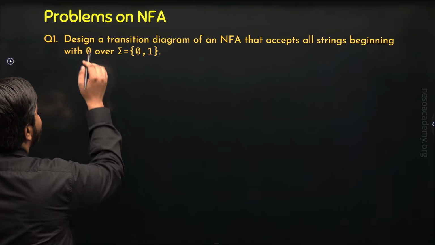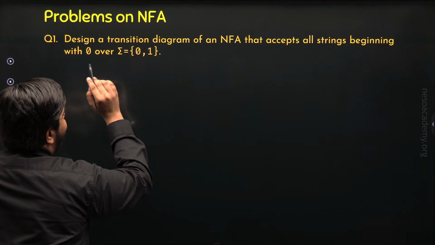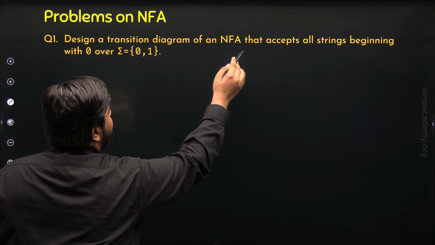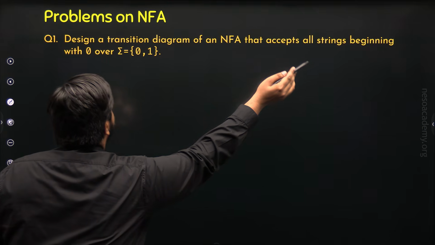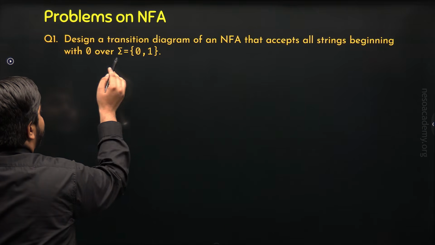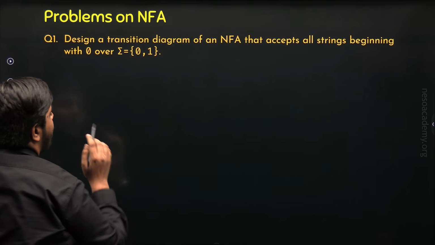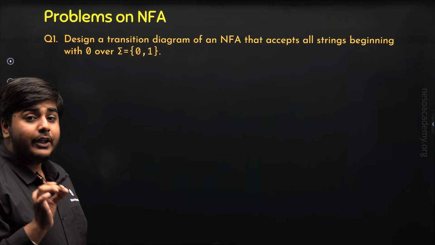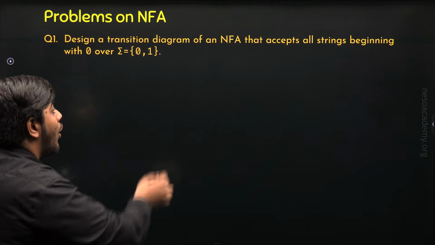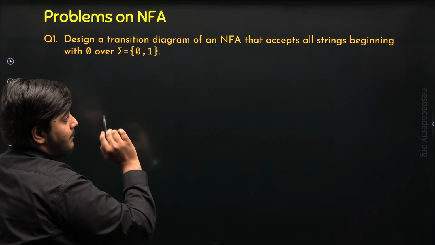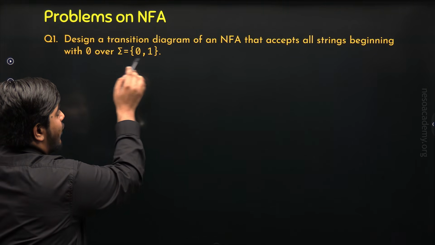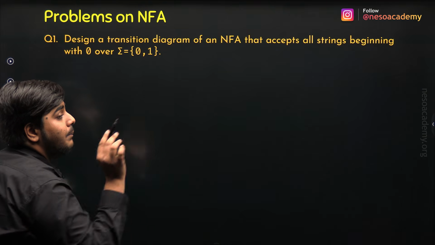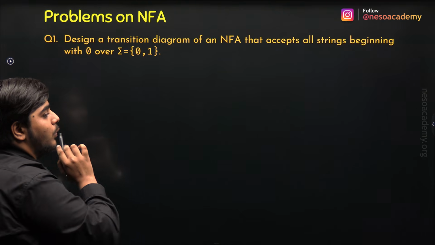Let's read this together. Design a transition diagram of an NFA that accepts all strings beginning with 0 over the alphabet 0, 1, which means you are required to draw the transition diagram of an NFA that accepts all the strings made up of zeros and ones that are beginning with the symbol 0.